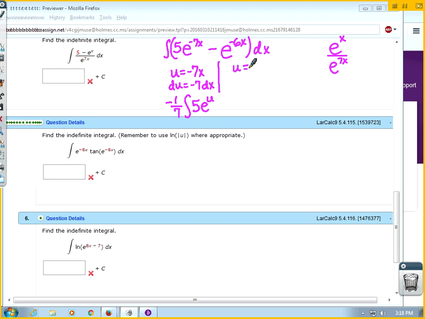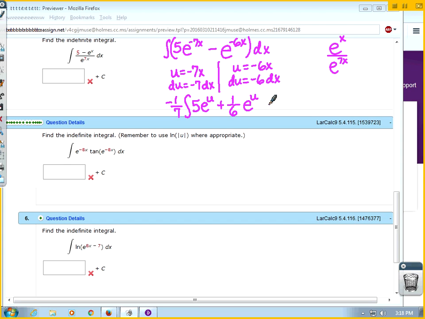All right, our second u substitution, u would equal negative 6x. Du would be negative 6 dx. So now we have two negatives here. Minus a negative would be a positive. So positive 1/6 e to the u.